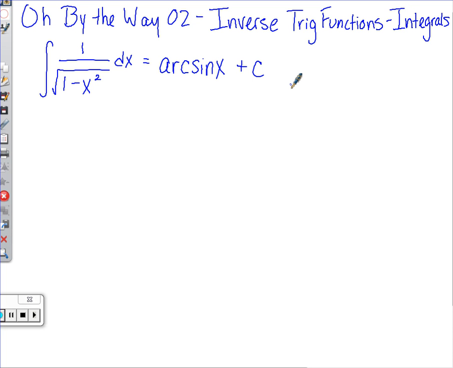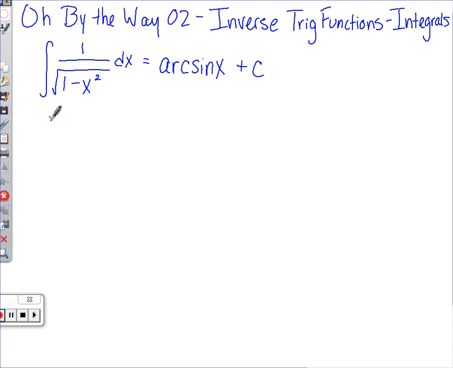I will note we don't use all 6 of them. We only ever use 3 of them. Okay? So I guess I take that back. I will write that. We only ever use the arc sine, the arc tangent, and the arc secant.